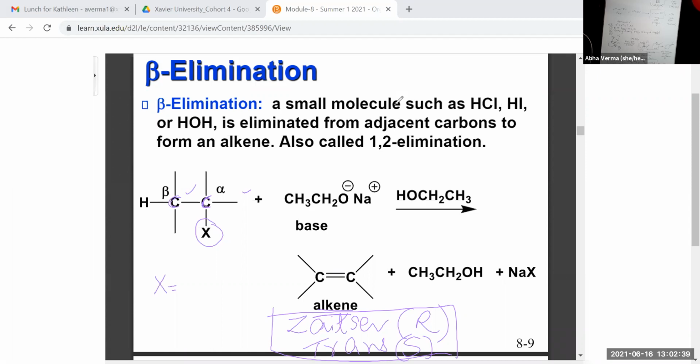However, depending on other conditions, you may or may not get a Zaitsev or even a trans. So when will that happen?